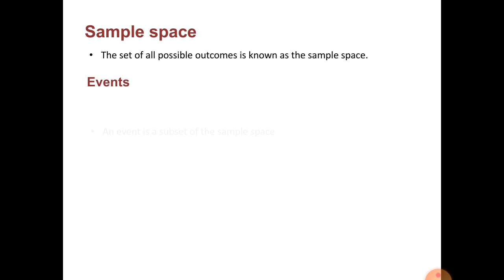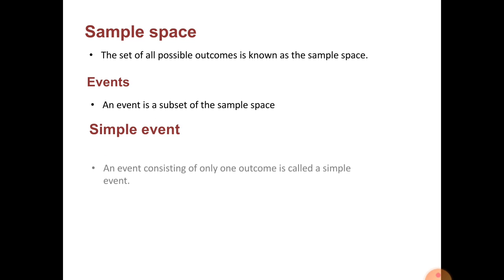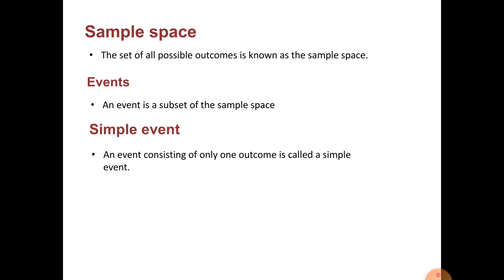Events. An event is a subset of the sample space. As we previously discussed, when we toss a coin, if we need the answer as the head, that is an event. Simple event. An event consisting of only one outcome is called a simple event.